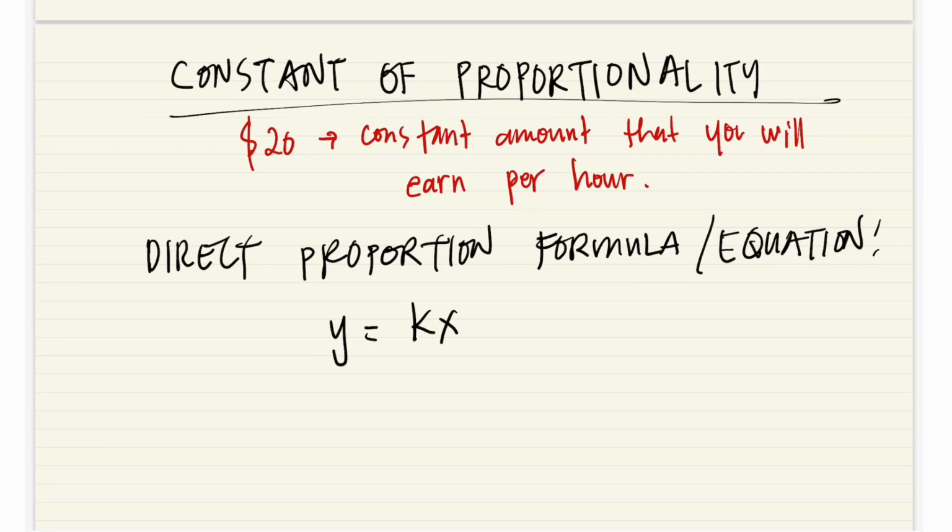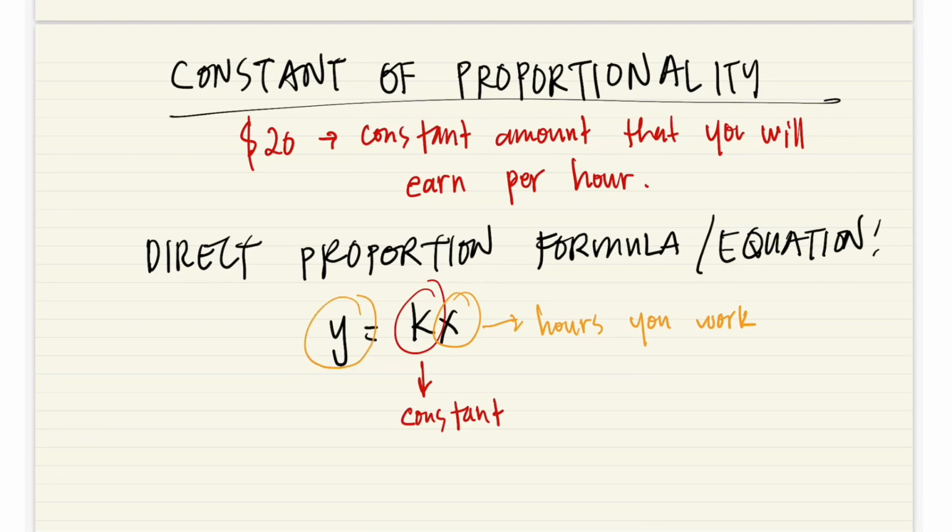All right, y is equals to kx, of which k here is your constant, and x here is the hours you work, and y here is the amount you earn.